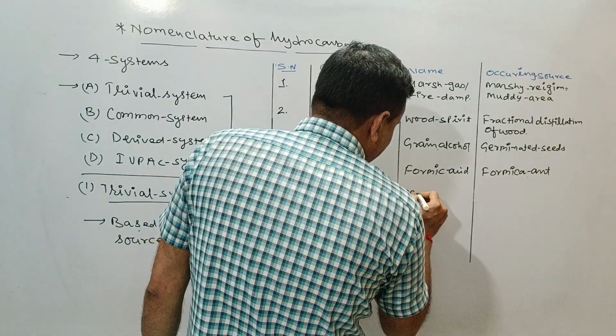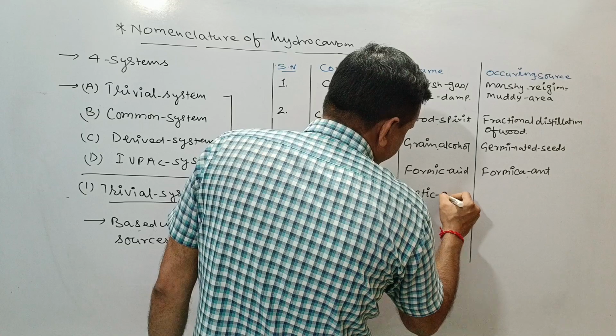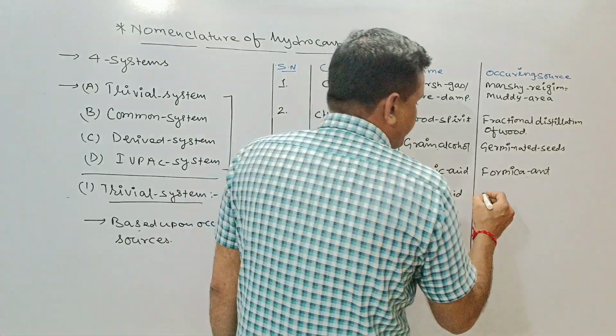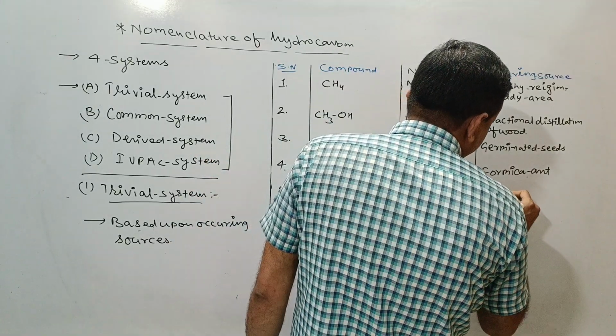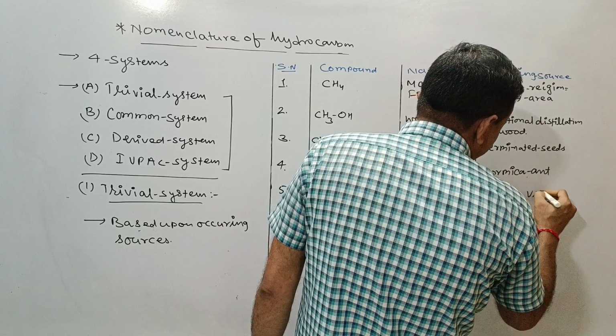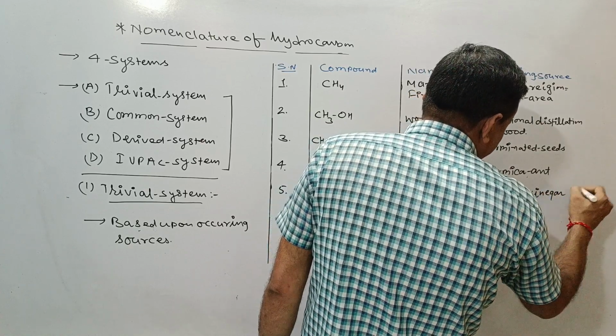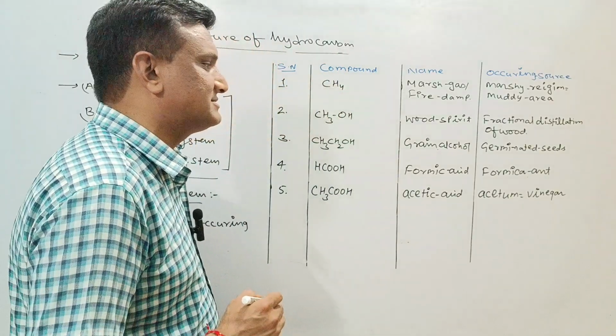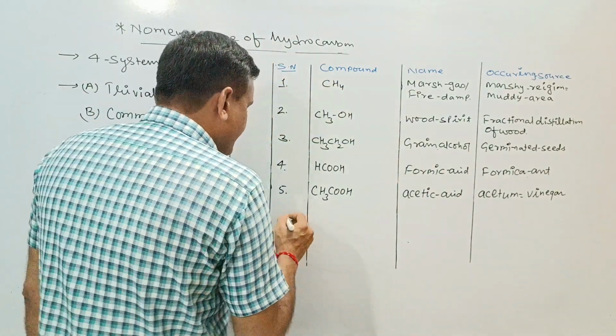It is called acetic acid. It can be obtained from acetum, meaning vinegar. It was first separated from vinegar, that's why it is called acetic acid, from acetum.